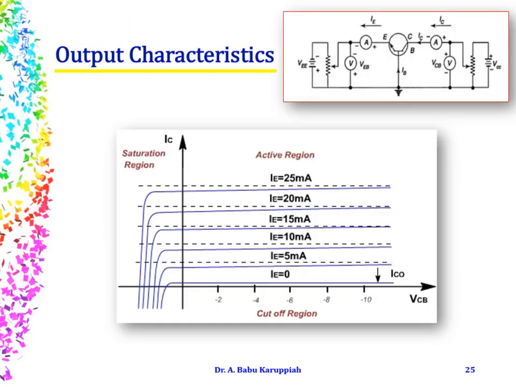Fine. So this is the set of curves that we obtain for different values of the emitter current. You could notice this is the direction of current initially, and when you start increasing your collector base voltage, to put it in other terms, when you make the collector base voltage more positive, you could see that the direction of current changes, and for a small change in your collector base voltage, there is a dramatic increase in your collector current.